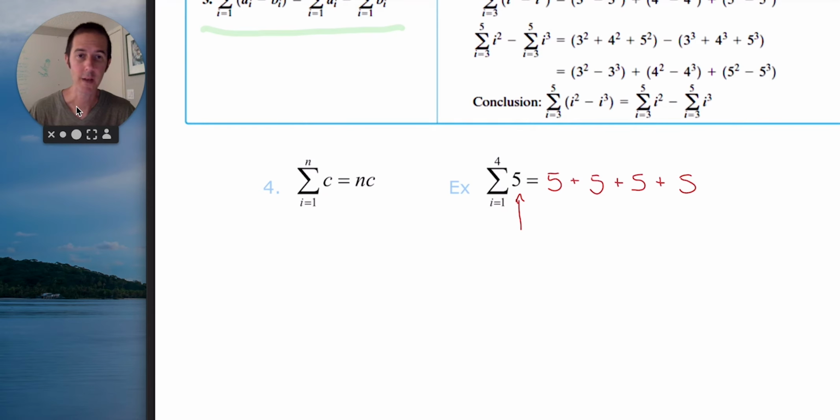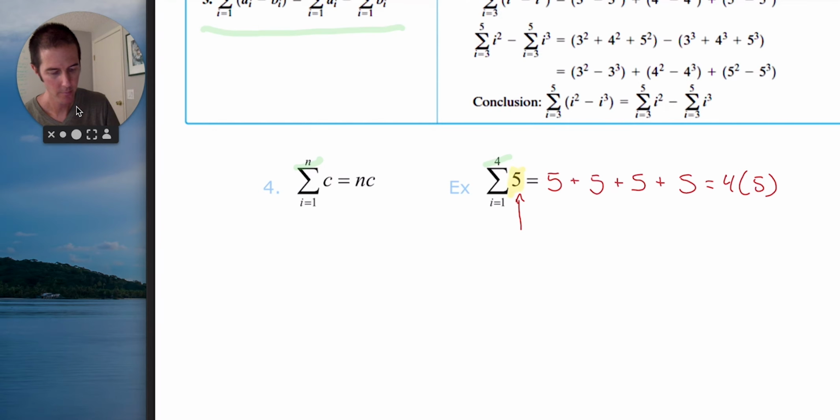Well, you could do 5 plus 5 plus 5 plus 5, but I would rather realize that there are 4 5s. So we're seeing that match up. And where's the 4?